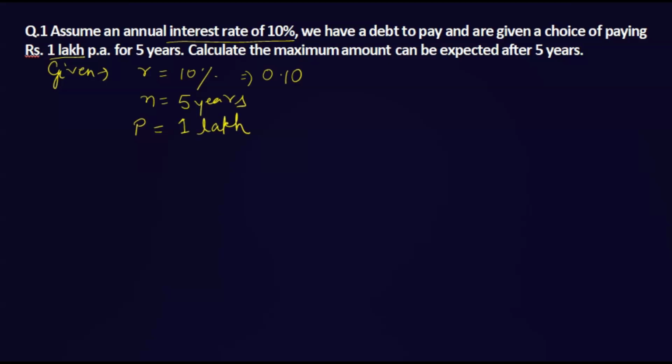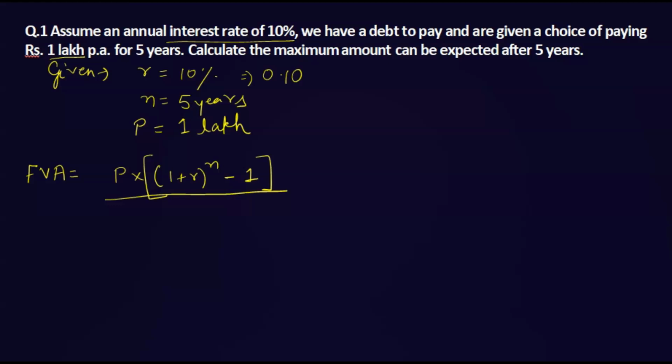Now by applying the formula we will get the future value of annuity. So here we have the formula P multiplied by (1 plus R) to the power n minus 1. Only a few things are added to the single cash flow formula.